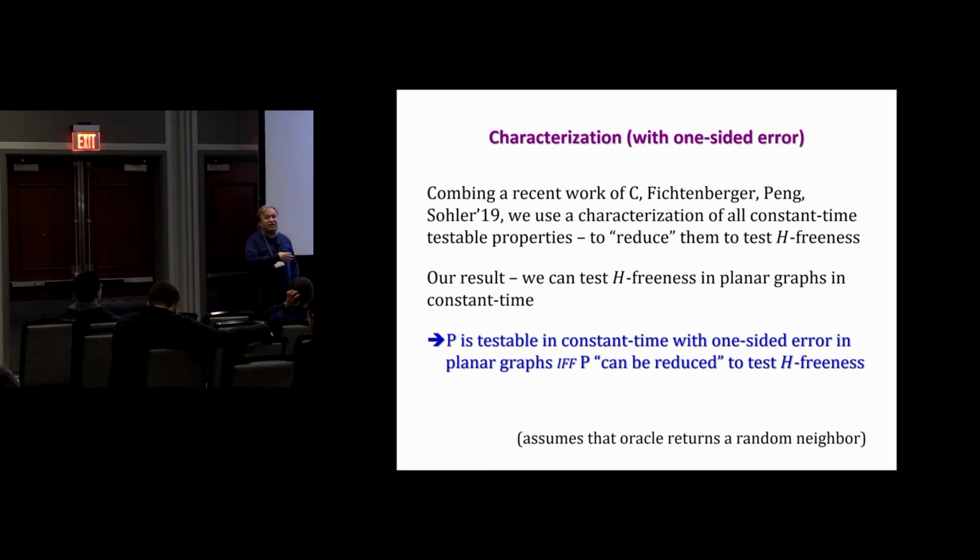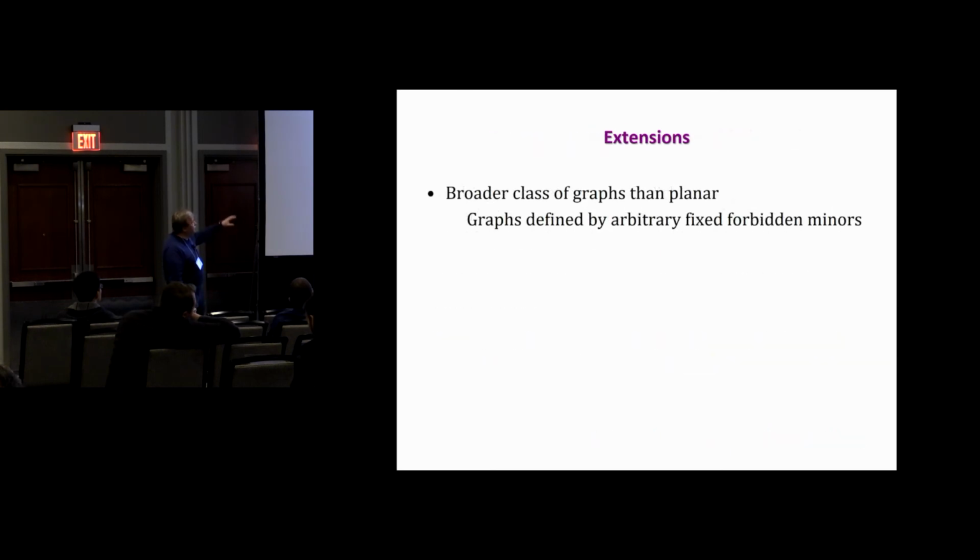We can argue that any constant-time algorithm must have some special form. And for these algorithms, we show that with one-sided error, all they can really detect are copies of some subgraphs. And with this, we have this characterization. Furthermore, one can extend this beyond planar graphs. We can have graphs with arbitrary fixed forbidden minors, etc.